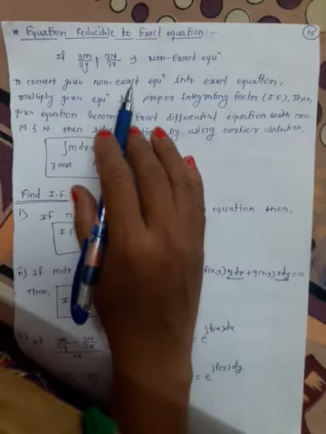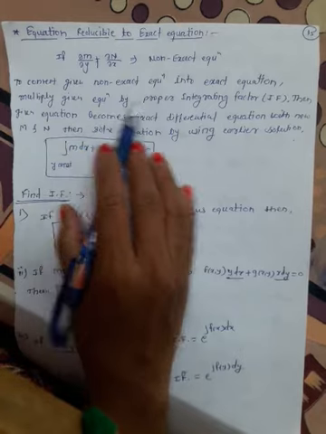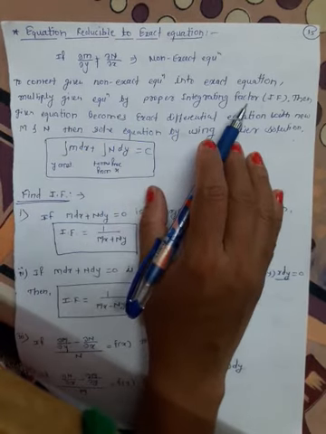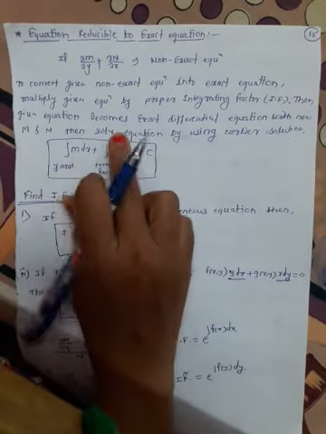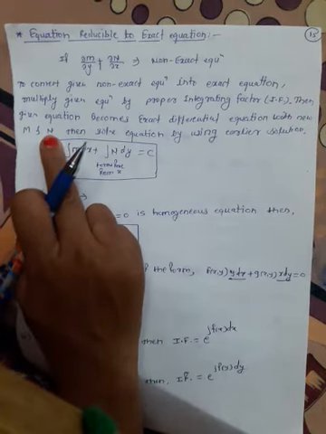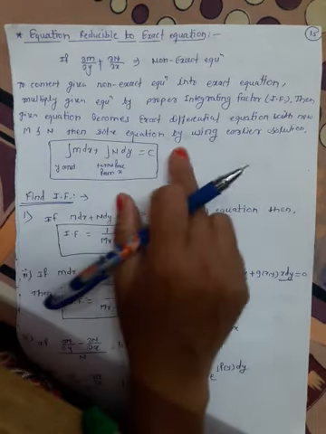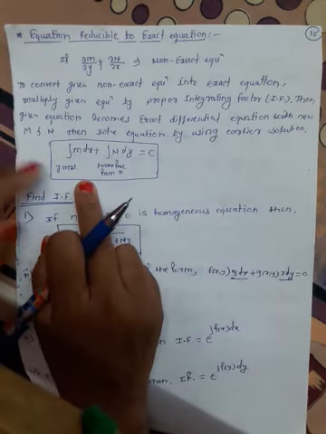To convert the given non-exact equation into an exact equation, multiply the given equation by the proper integrating factor. Then the given equation becomes an exact differential equation with new M and N, and then solve the equation by using the earlier solution. This formula we know.